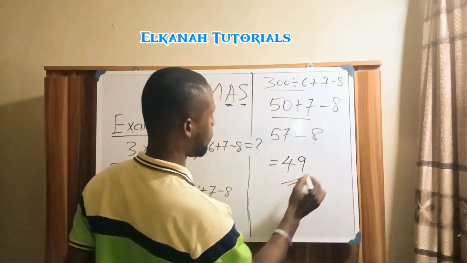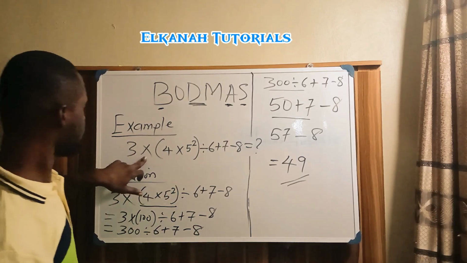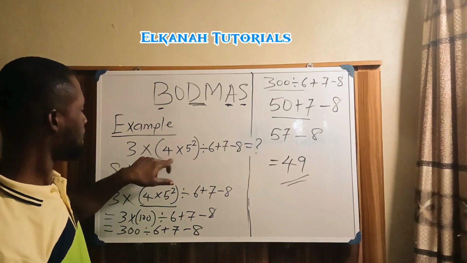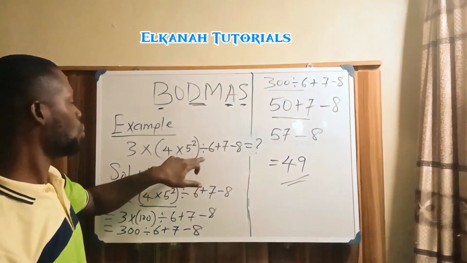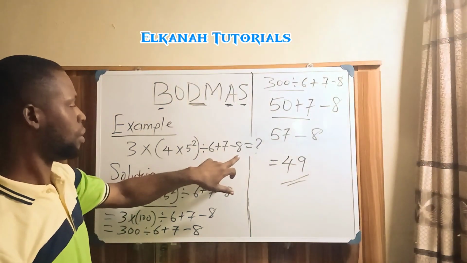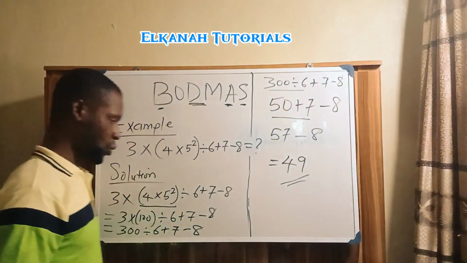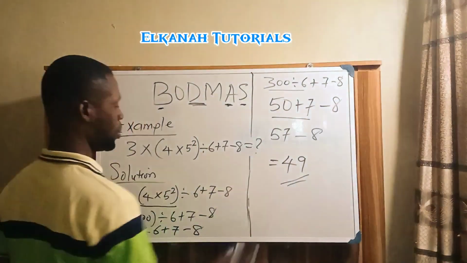49. So you can see that 3 times bracket open 4 times 5 raised to the power of 2 bracket close divided by 6 plus 7 minus 8 is equal to 49. So you can rewrite this question and then put this value here.